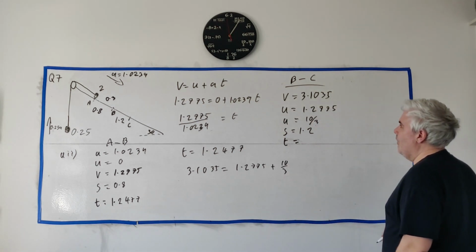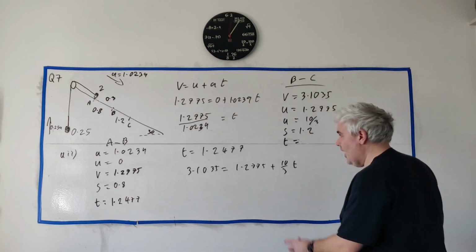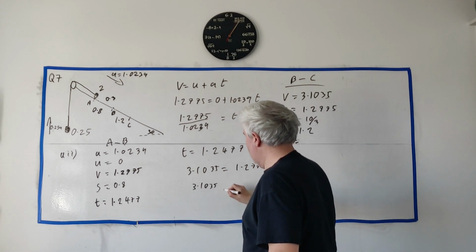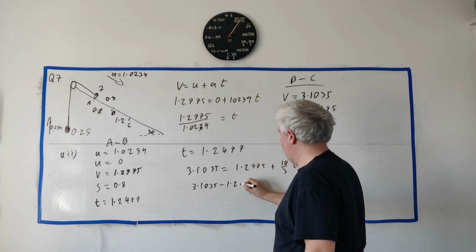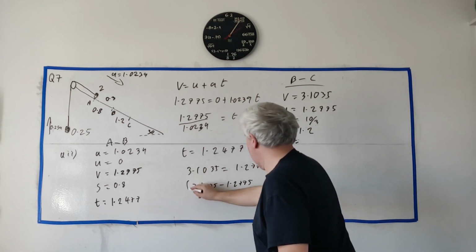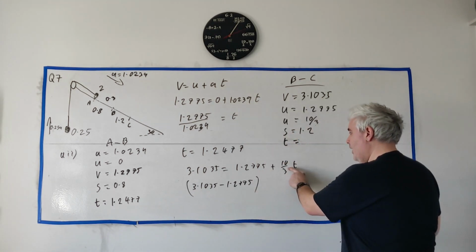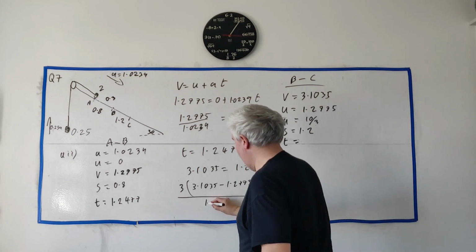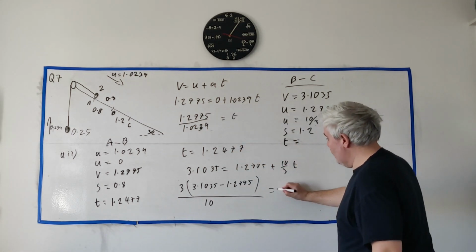10/3 times t. Clean this up, we get 3.1035 minus 1.2775 divided by 10/3, which is just like multiplying by 3/10. All that equals t.